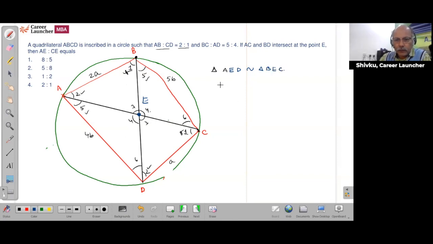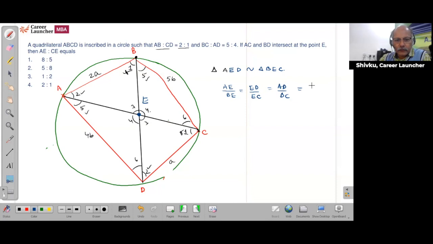So what does that give me? AE by BE is equal to ED by EC is equal to AD by BC. And this is equal to what is the value of BC by AD?